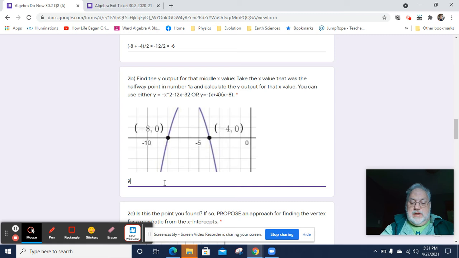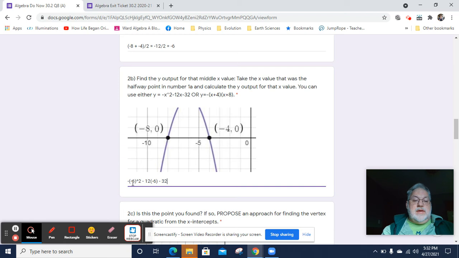So negative of negative 6 squared, minus 12 times negative 6, minus 32. Okay, let's work that out.